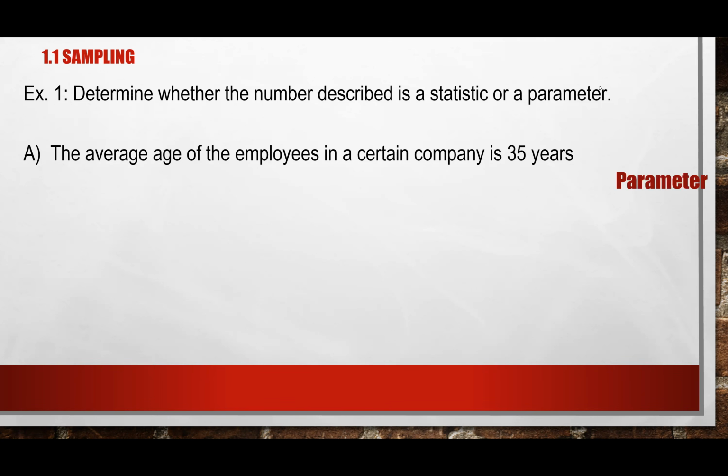Do you see why this number is a parameter? One thing is parameter because it's related to population. Why is this population? Because this is every employee in this company. Whatever this company is, the employee at this company, that's what we have, right? So this is our parameter item, because this is the population, all of the employee.